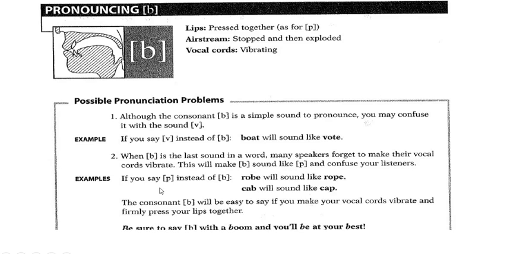Examples: if you say p instead of b, robe will sound like rope, or cab will sound like cap. So here we need to make a distinction.